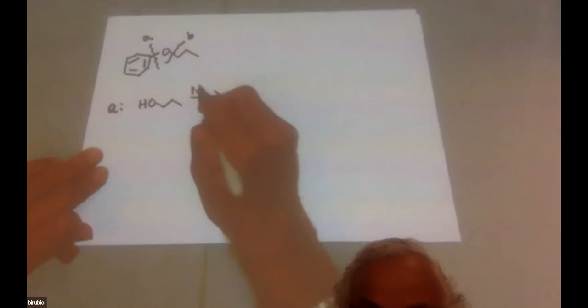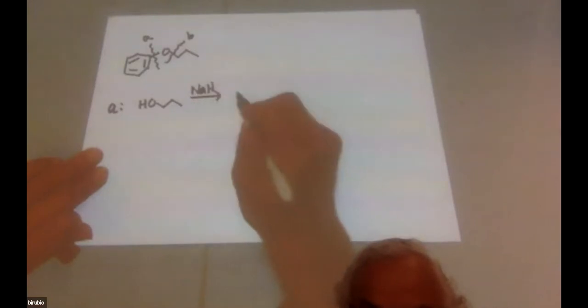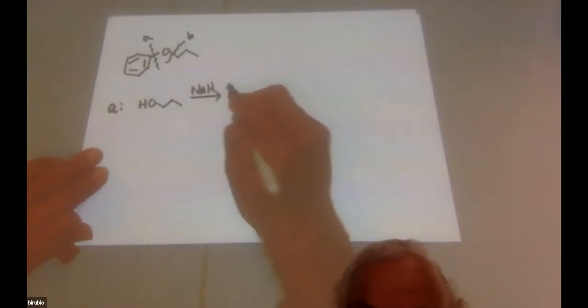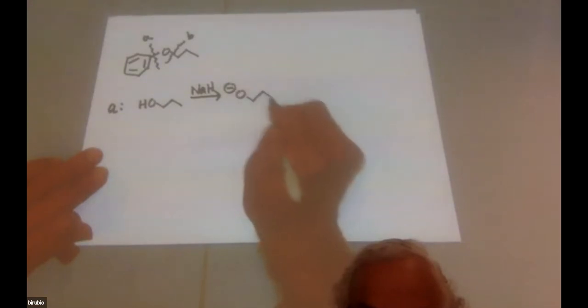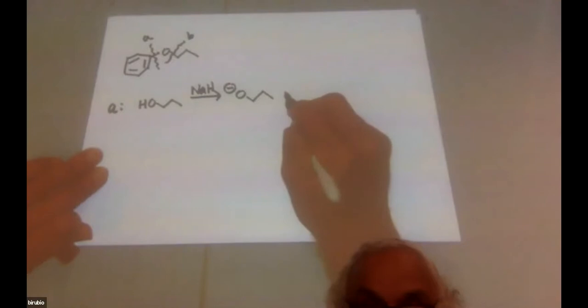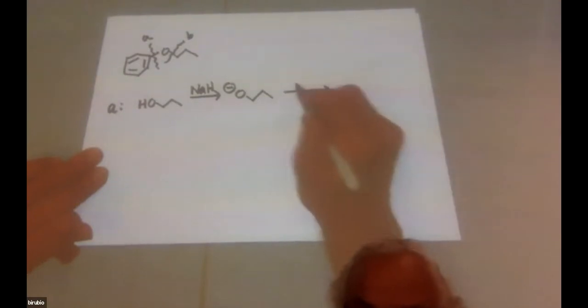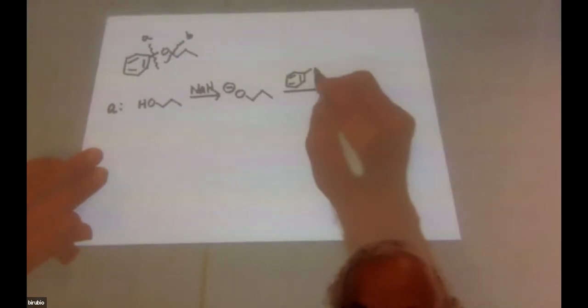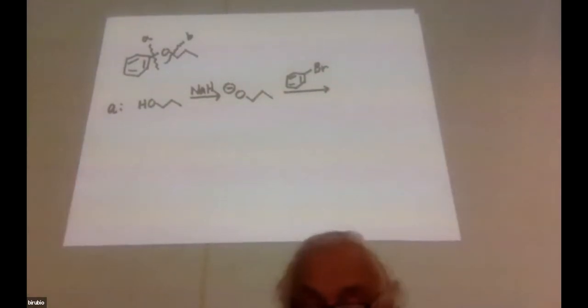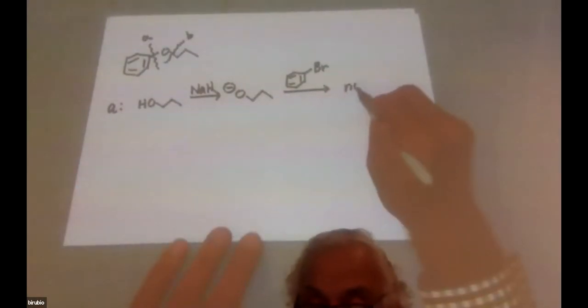And then react that with sodium hydride. We get this alkoxide. And now bring in the other side of the molecule. And so that would be that, and just put a halide here, maybe Br. Okay, no good.